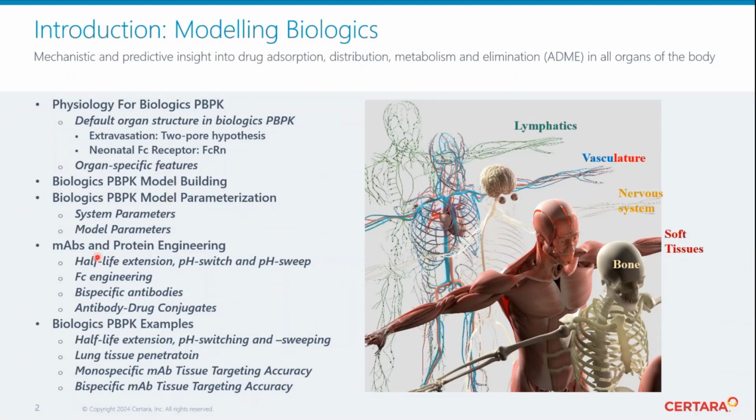It might be useful just to remind us briefly about antibodies, most basically. Well, that's most of the biologic drugs out there anyway. What can be done with them? And then just a few examples about how this biologics PBPK framework can be used, has been used.